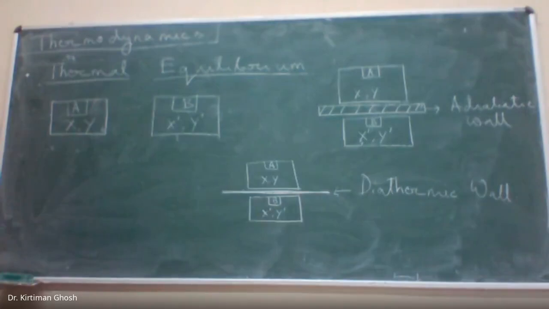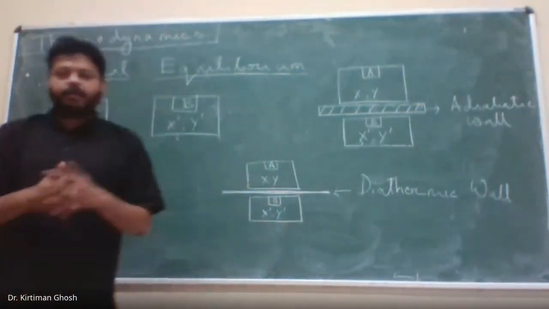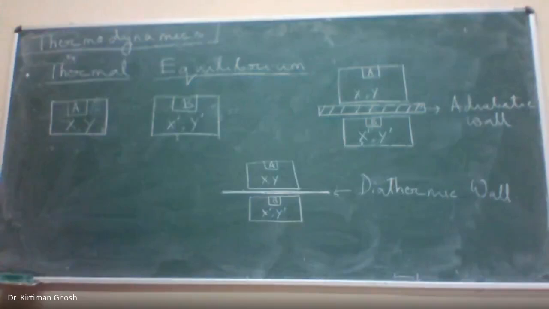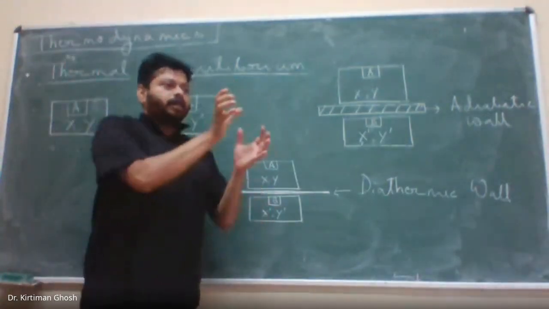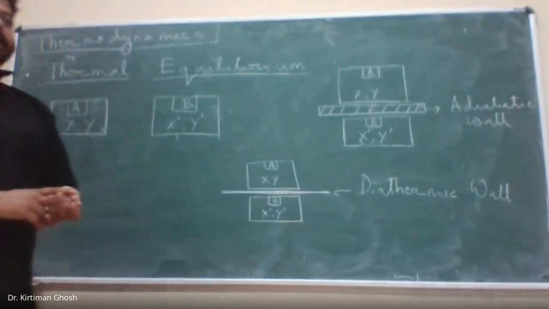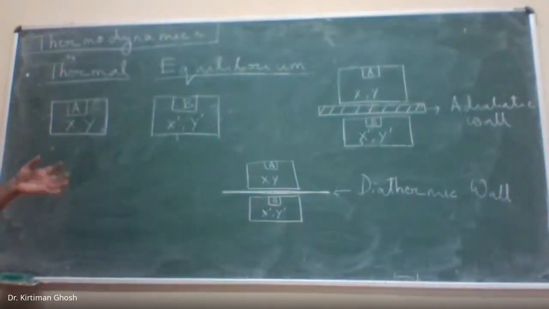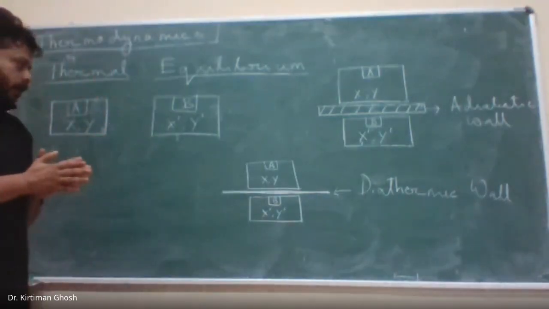You can assume that you have some cold water in a glass and some hot water in another glass. You place them in contact with each other through a thick wooden wall. That wooden wall will act as an adiabatic wall. That will not allow any thermal interaction between the two hot and cold objects. Right? So this is the adiabatic wall.